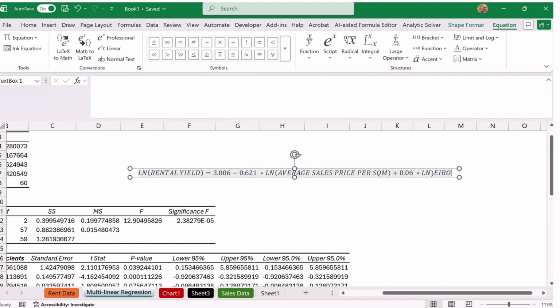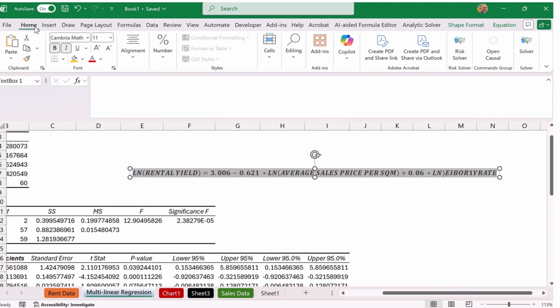So this is our main equation that defines the correlation between rental yields, average sales price per square meter, and the EIBOR 1-year interest rate.